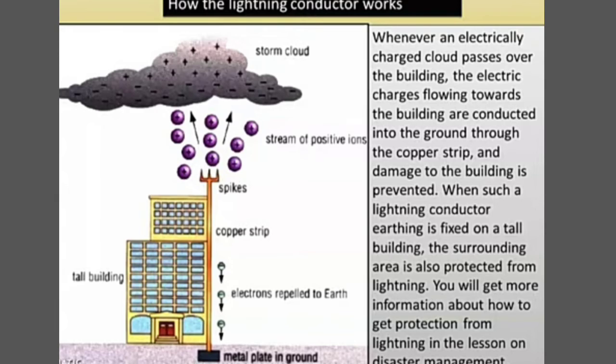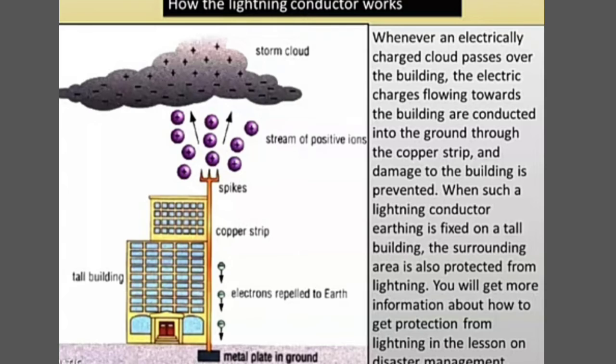A pit is dug in the ground. Coal and salt are filled into the pit, and the iron plate is placed upright in the pit. There is also a provision for pouring water into it. This helps to spread the electric charge quickly into the ground and prevent the damage.